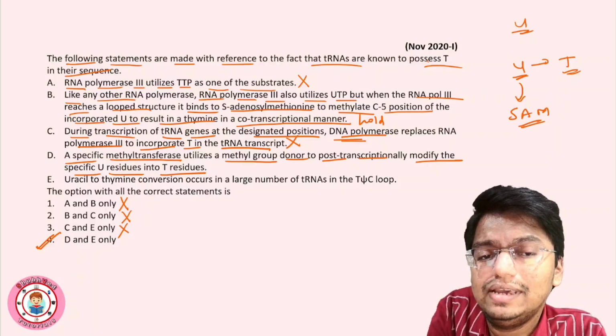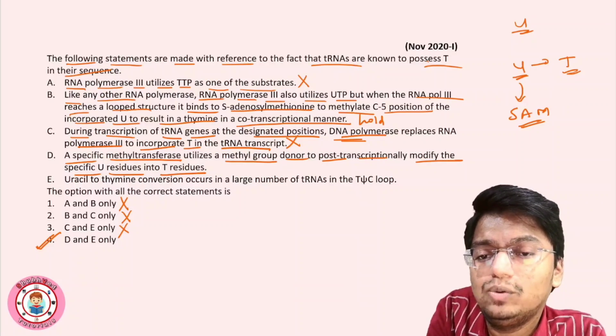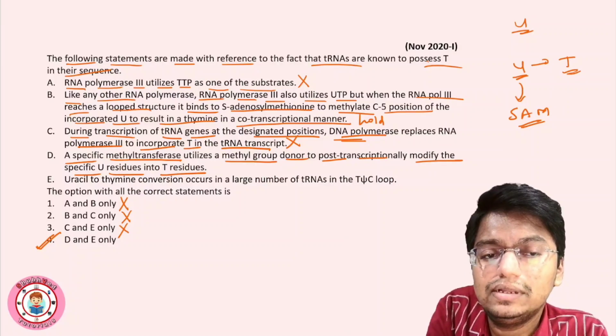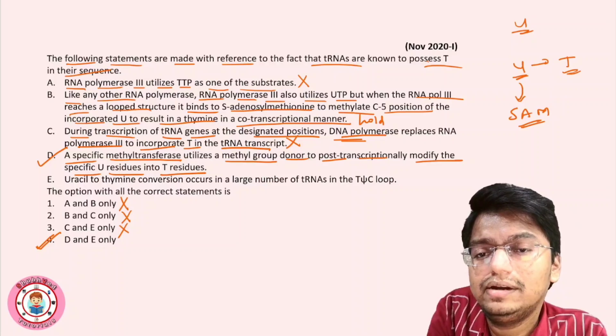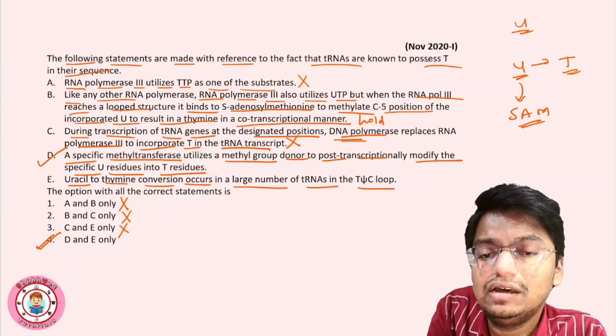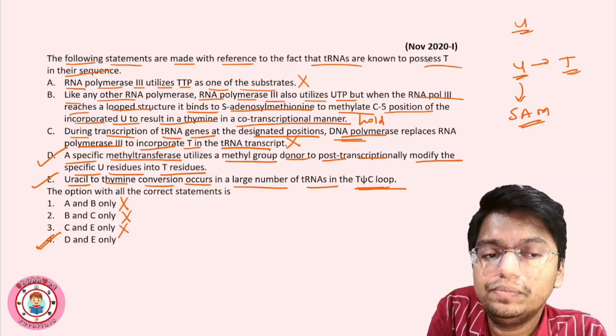Yes, so you can see ये statement similar है to the statement B, राइट, मीन्स मिथाइल ग्रुप दोनों को यूज करके मिथाइल ट्रांसफर होगा, एंड देन देयर विल बी मॉडिफिकेशन ऑफ यूरासिल टू थायमिन. सो दिस विल बी करेक्ट, राइट, डी इज करेक्ट. यूरासिल टू थायमिन कन्वर्जन occurs in large number of tRNAs in the T5C loop. So this you have to remember. यूरासिल टू थायमिन कन्वर्जन है, कहाँ पर होता है, this loop, T5C loop.